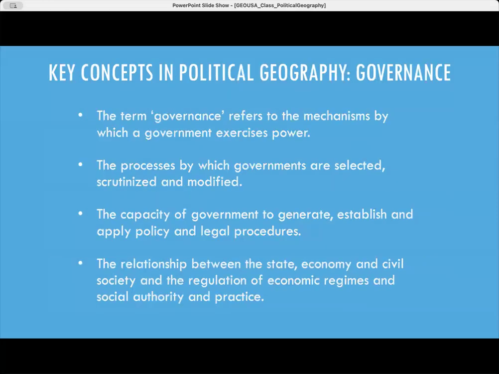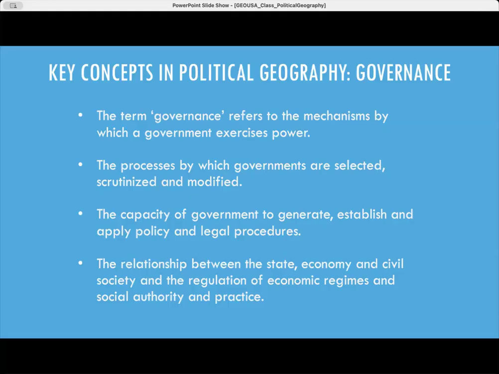So another really key term, and this is what those Hawaiian people are doing in that territory, is that they're claiming and exercising governance, right? So the term governance refers to the mechanism by which a government exercises power: the processes by which governments are selected, scrutinized, and modified, right? So forms of governance include elections, and how we form a Senate and House of Representatives to pass laws.